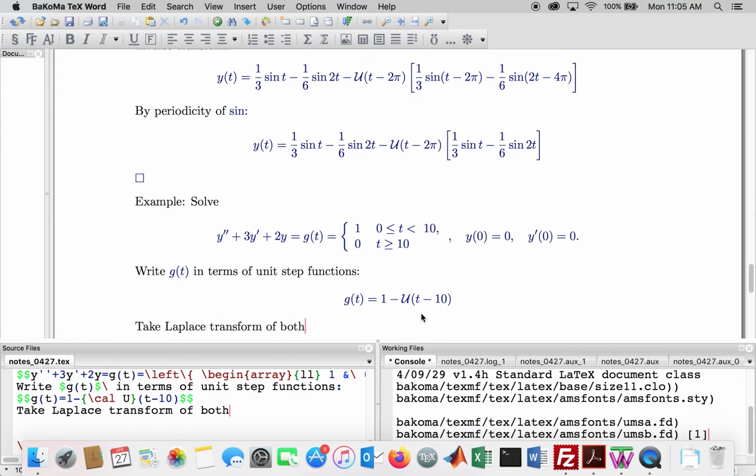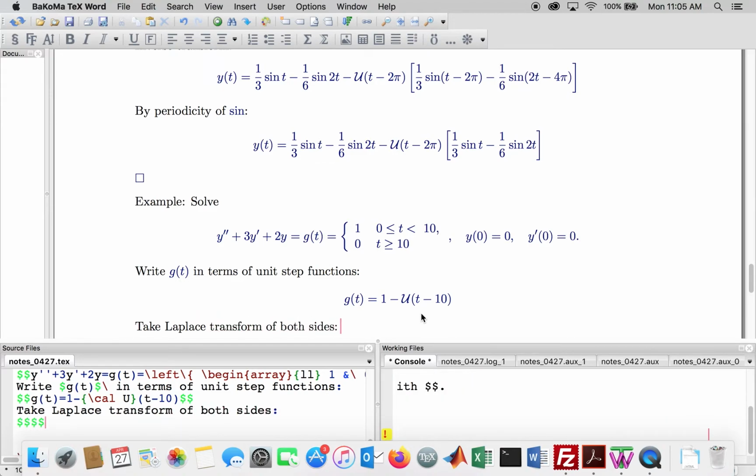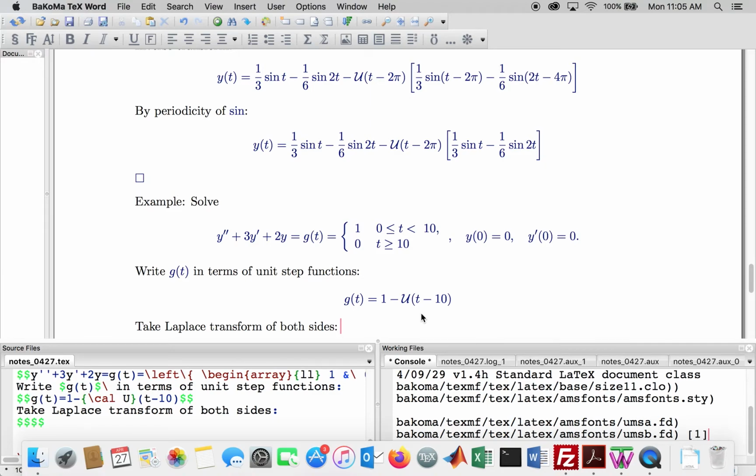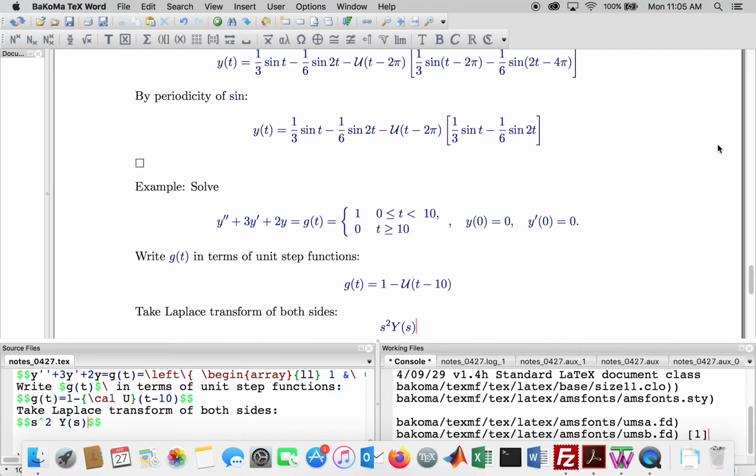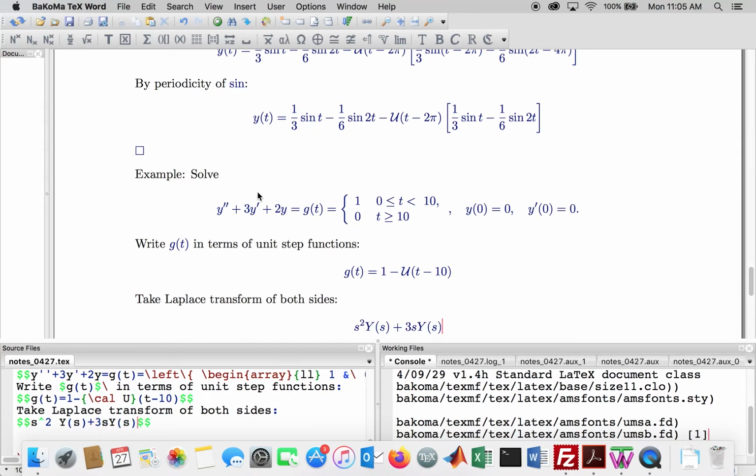Now, I can take the Laplace transform of both sides of the equation. So for the second derivative, I have s squared Y of s. There's no initial data, so there's no other terms. Then 3s Y of s for the first derivative. Normally we subtract off y of 0, but no need in this case, it's 0.